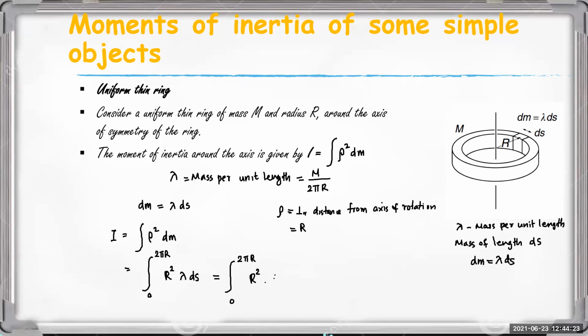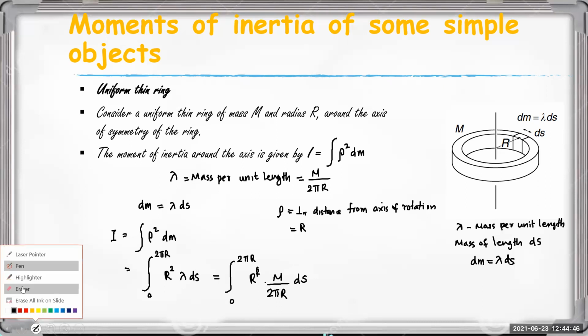Lambda is the mass per unit length, that is equal to m divided by 2 pi r, into ds. So here one of the r cancels.